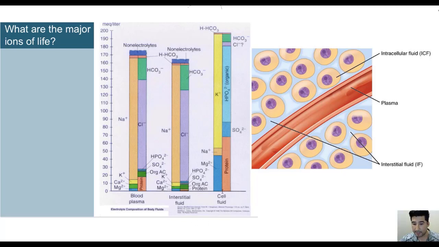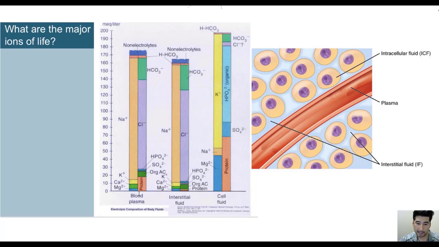The cell fluid is represented here on this cell, which is also labeled intracellular fluid. It's the same thing. Interstitial fluid is the fluid between the cells, and blood plasma is the fluid inside of your blood vessels. We're going to look at each one of these and see which is the most abundant ion in each.